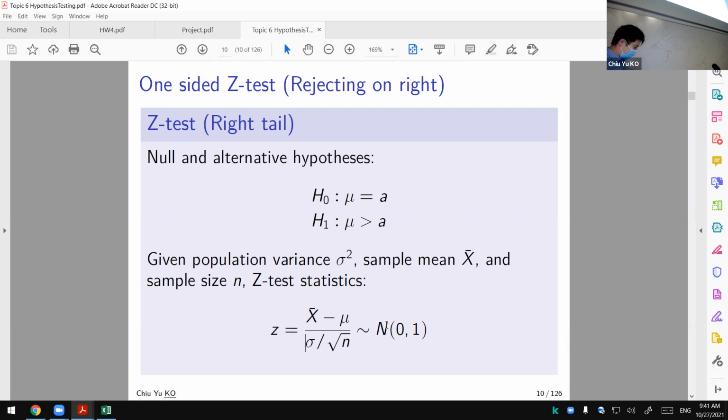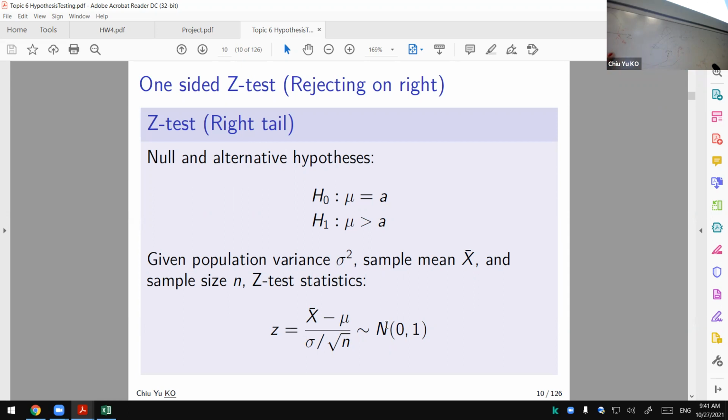This means the tail area is 0.05, and we want to find this number. If we transform everything, this will be Z alpha.